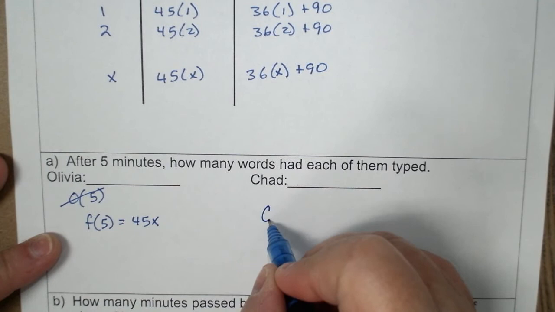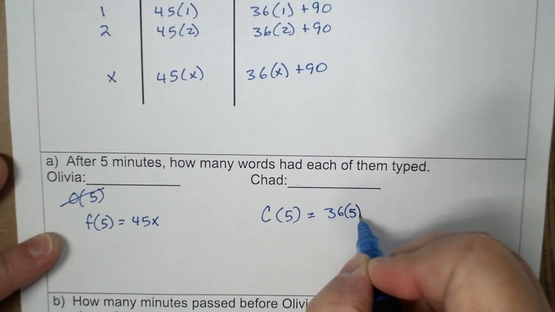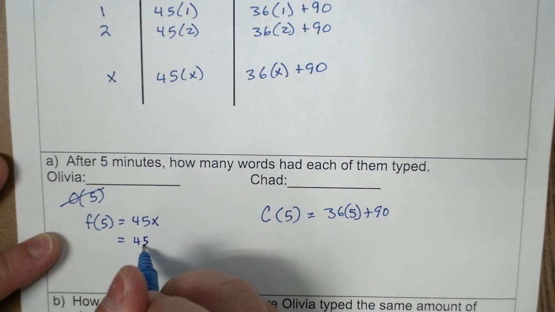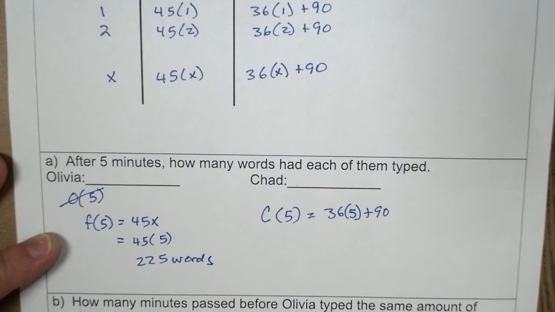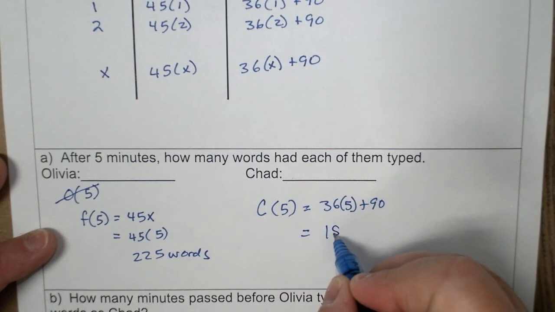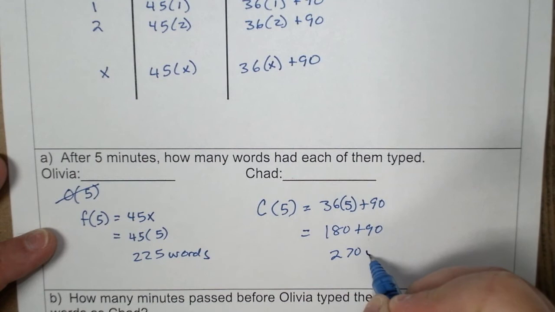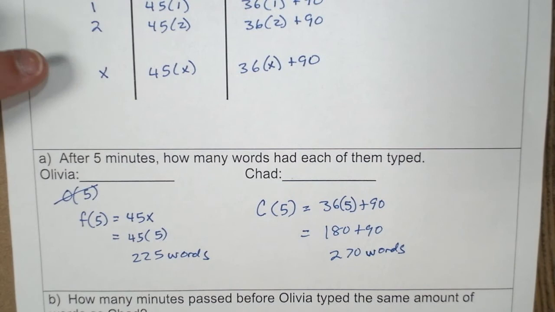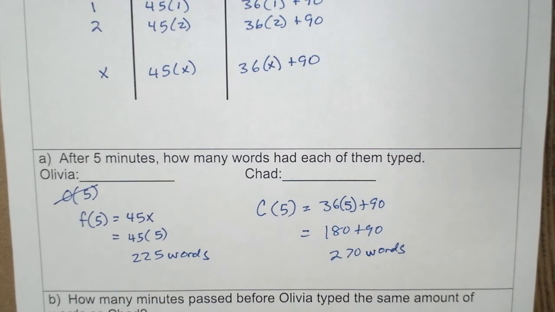And Chad, you can do C of 5 equals 36 times 5 plus 90. 45 times 5 is 225 words. And then this one is 180 plus 90, which is 270 words. So after 5 minutes, we could have done this where we could have completed the table and done the 3, the 4, and 5, and we would have still gotten the same answer.